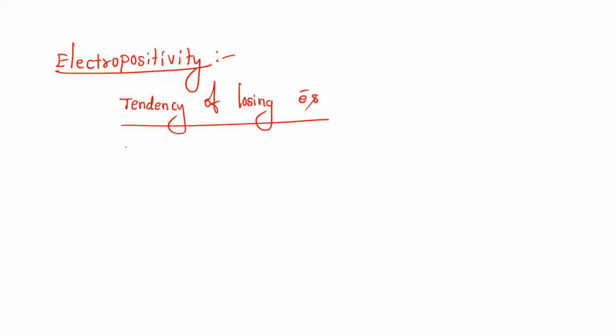Tendency of losing electrons. Tendency of losing electrons is called electropositivity. Right, students?